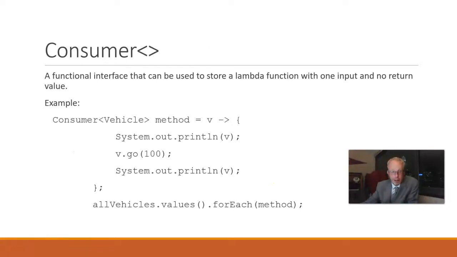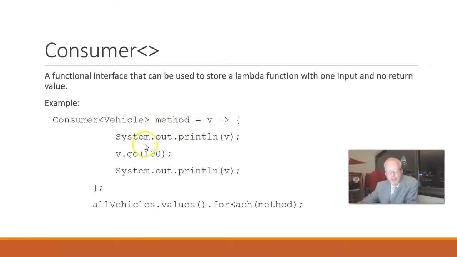Now, I mentioned that a lambda will typically implement a functional interface, which is an interface with one abstract method. We could write one, or in a special case, we can use one that's predefined for us. There's one called Consumer, which is a functional interface where we can store a lambda that has one input and no return value.